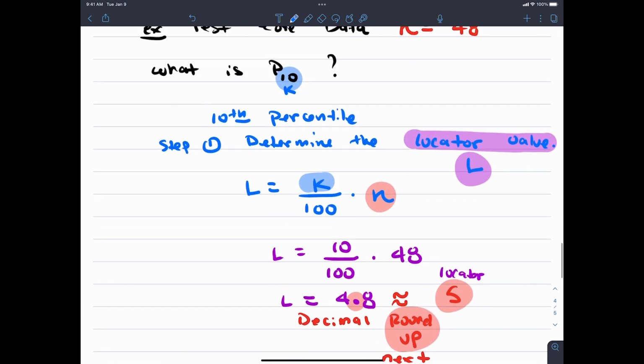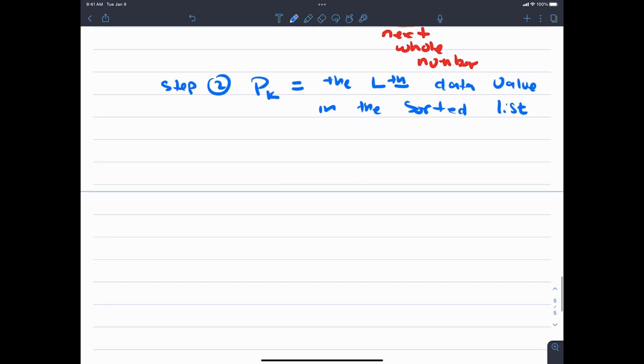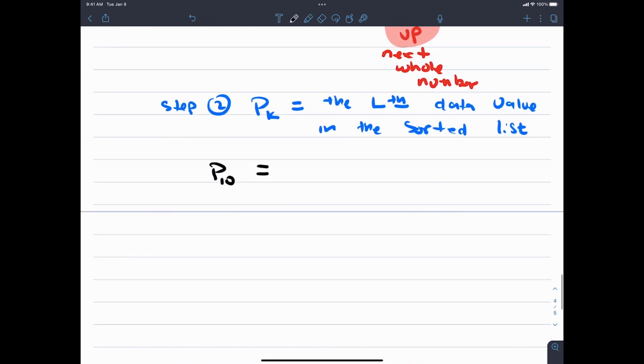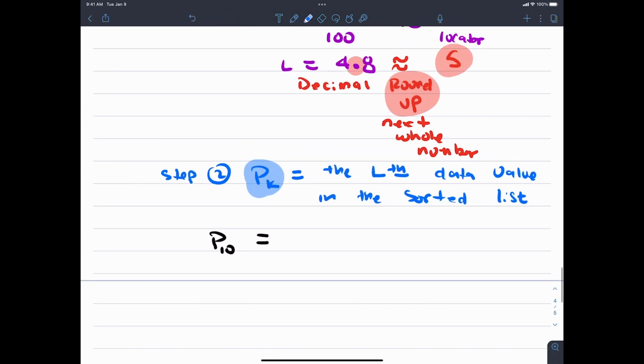Okay, 2-step process. PK, well, in this example, they're asking for P what? P10. Okay, that's what we're saying. That the question, PK, will equal the what? Alth data value.